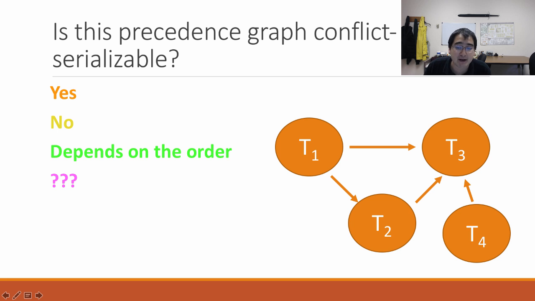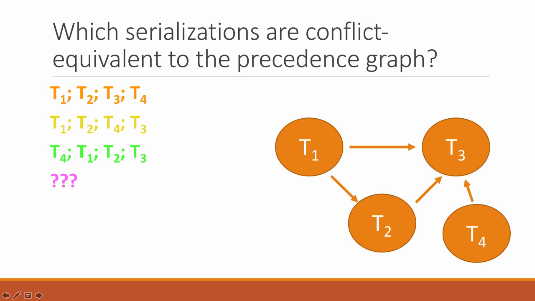If I do T1 and then T2 and then T3, that's fine. And then I can also do T4, I gotta do T1, T2, and then T4 before T3. And there's actually a couple different orderings here. In fact, can you tell me which of these serializations are equivalent to this precedence graph? Meaning, which of these are legal orderings according to this precedence graph?